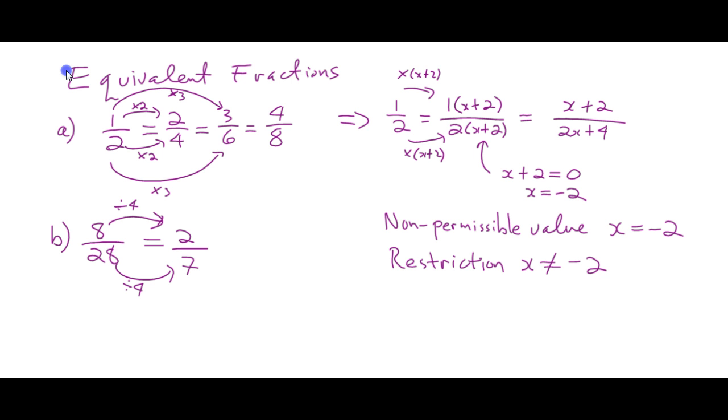Something like this would be more what we think of as a rational expression because it has variables in there and also has non-permissible values. Important points: just do the same thing to the top as you do to the bottom and you will get an equivalent rational expression. Either multiply or divide numerator and denominator by the same terms.